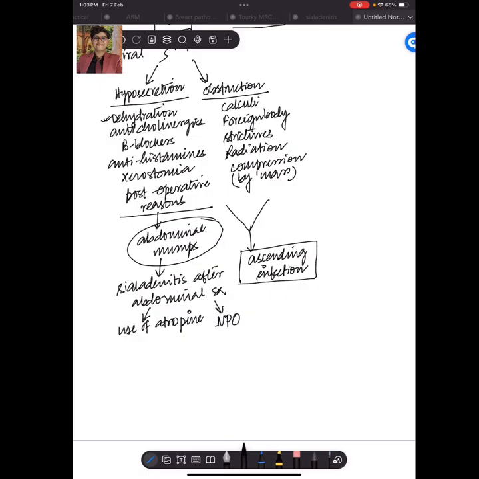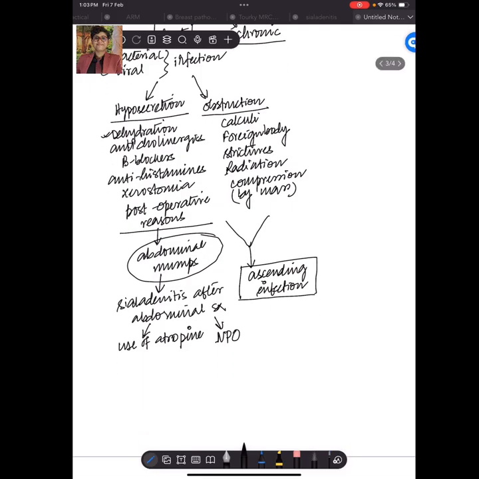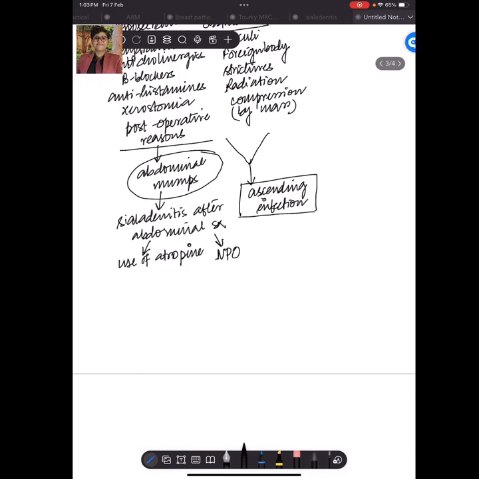Now, we're saying that bacteria and viruses are involved, so let's talk about which ones are involved mainly. For bacteria, the most common is Staphylococcus aureus.